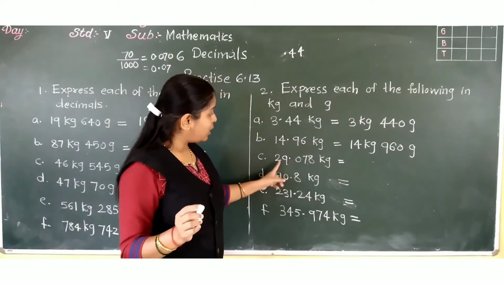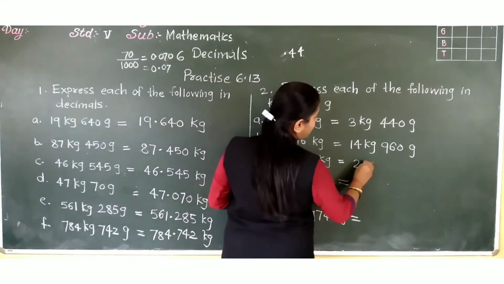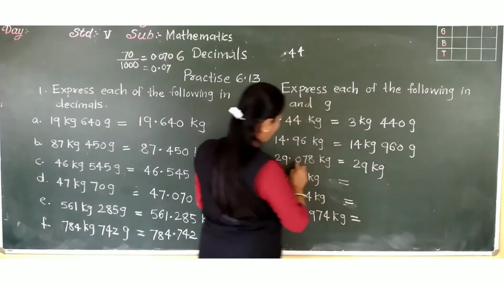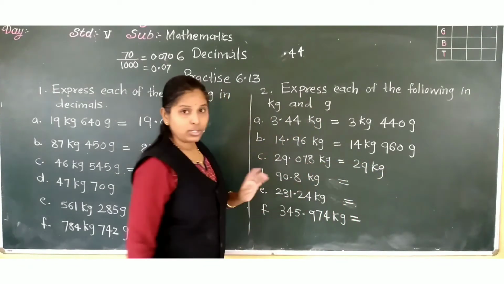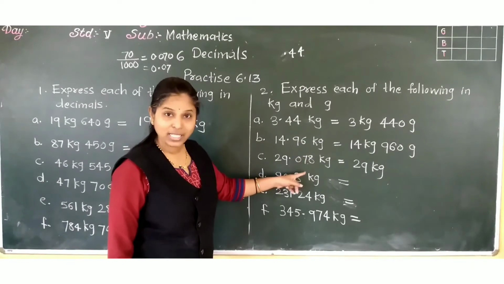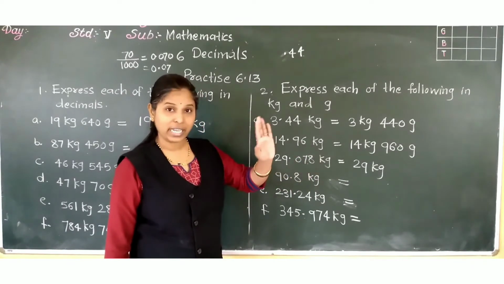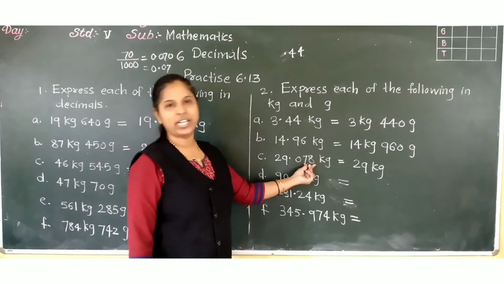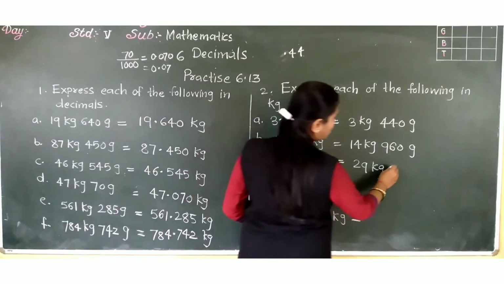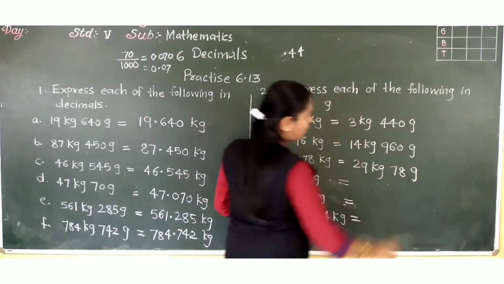Now here see 29 kg and after decimal 78 is not written, 0 is written. That means it is not 780, it is only 78 grams.